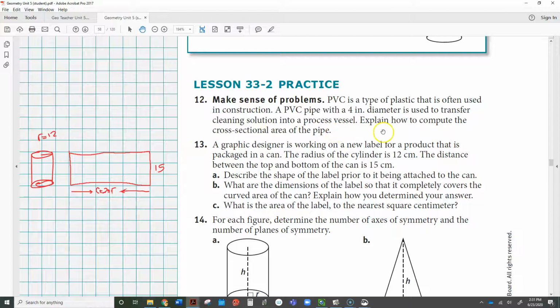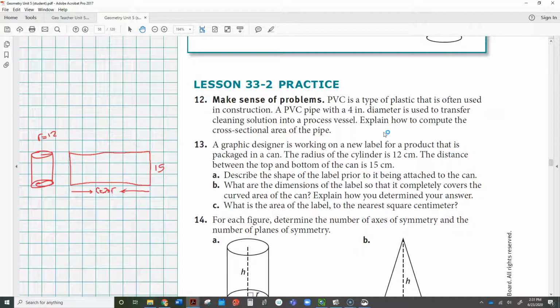Well, the pipe is a cylinder, and the cross-section of a cylinder that is parallel to the base, we just read, is a circle. So how do you find the area of a circle?